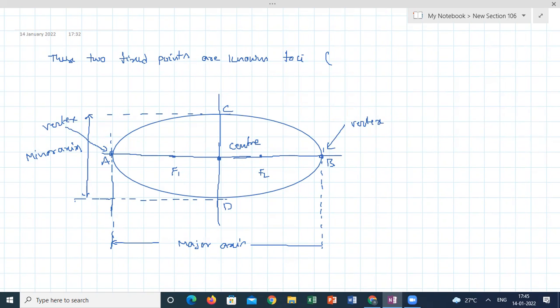The distance between the center and focus is known as the focal length of the ellipse. I'm taking this constant as C. If I'm taking this distance as A, this distance is B.